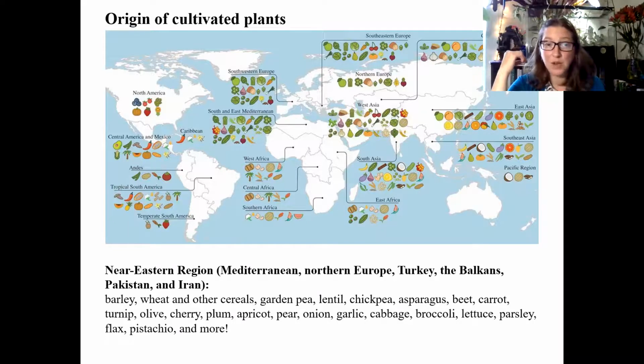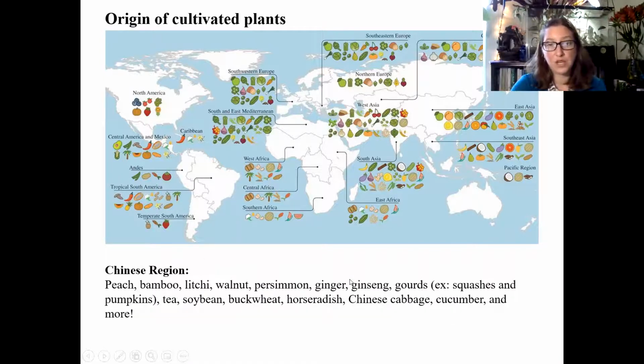You've got beet and carrot and turnip, different drupes, which are things with a solid seed in the middle, like olives and cherry, plum, apricot. And then the list goes on. So many different things were brought about in that region of the world.